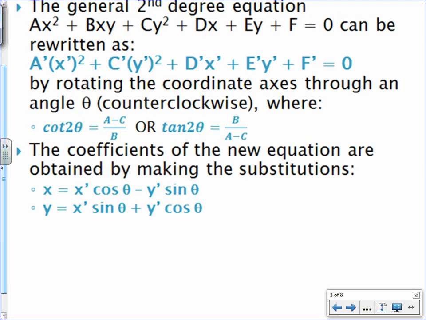So x will become x prime times the cosine of our angle minus y prime times the sine of our angle. y will become x prime times the sine of theta plus y prime times the cosine of theta. You will need to remember these substitutions. These will be important.